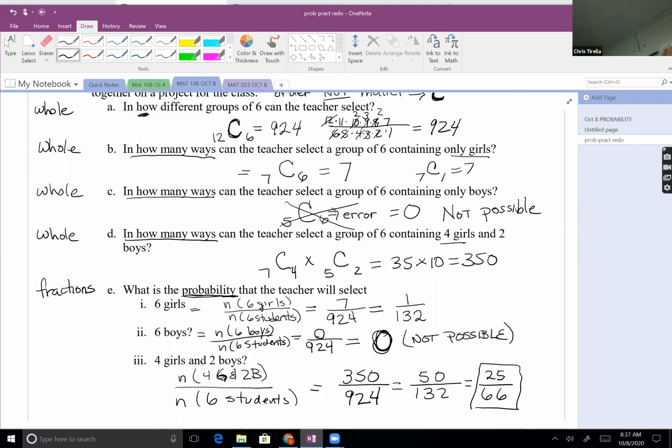Do you guys know how to get your calculator to reduce a fraction for you? You were saying earlier it was the second button and then the PRB button, right? If you've got a decimal, if you want to put it in as a fraction, it should just reduce it for you. And the way you put it in as a fraction is below the PRB button, there's that ABC button.